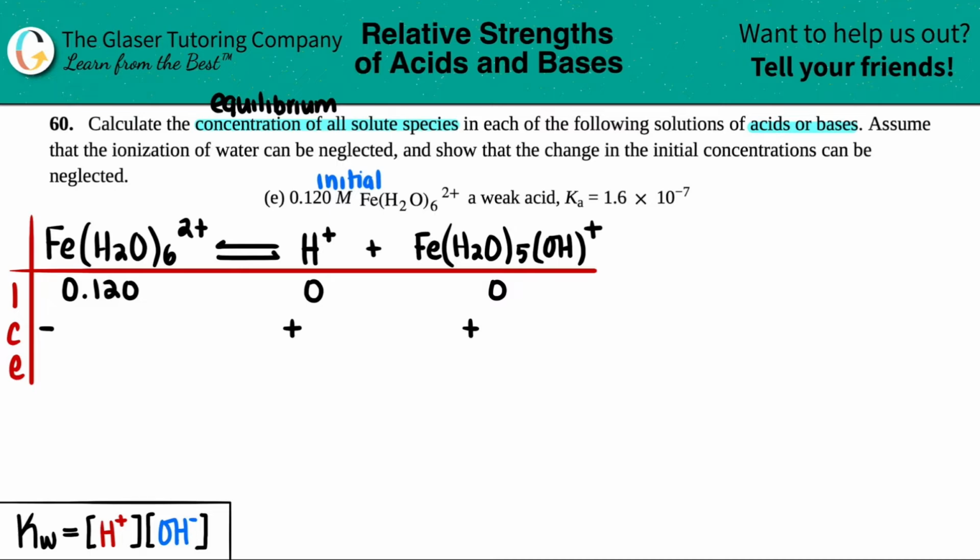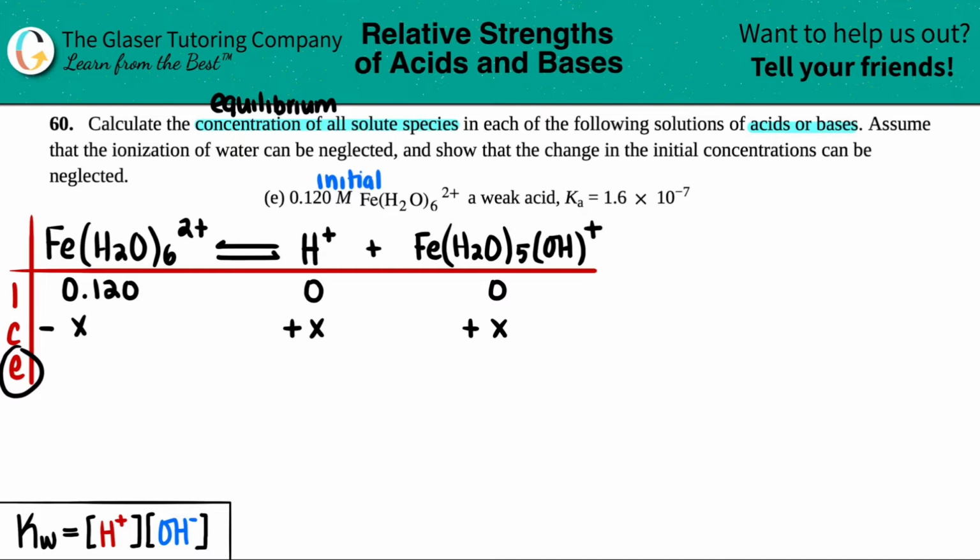I don't know, so that's why we put in a variable. A, B, C, D, E, F, G. Pick any letter, but we always pick X, right? So this would be minus X, and plus X. And with acid-base reactions, your coefficients are always going to be 1 to 1 to 1, so you don't have to worry about minus 2x or plus 3x. Thank goodness for that.